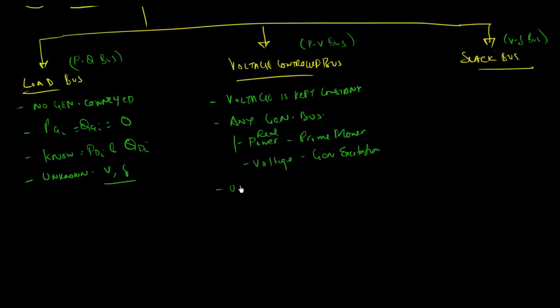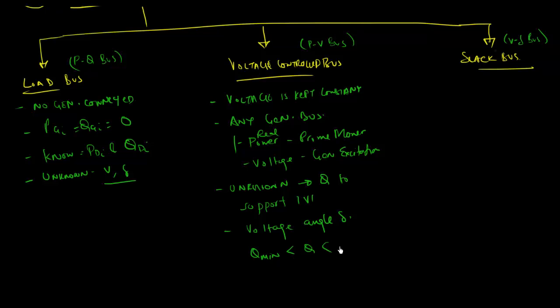What is unknown is the Q that is needed to support the voltage, and you don't know the voltage angle.